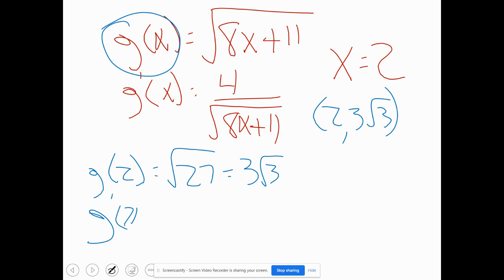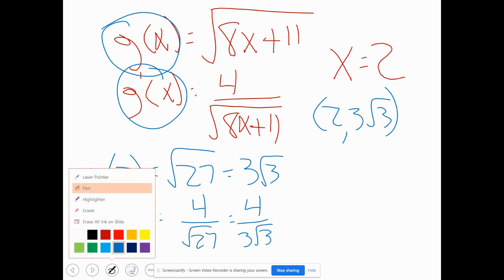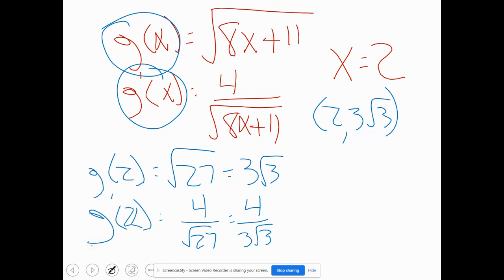G prime of 2, my slope, would be 4 over square root of 27, or 4 over 3 radical 3. So the equation we're looking for is y minus 3 radical 3 equals the slope of 4 over 3 radical 3 times x minus 2.